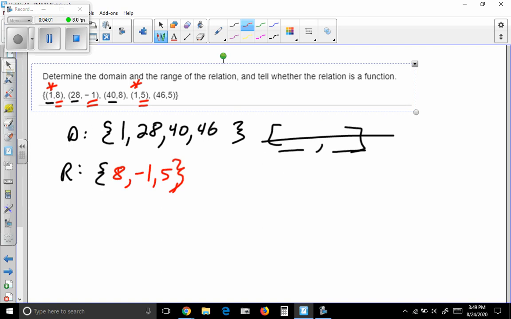A 1 goes to an 8. 1 also goes to a 5. So if an X value goes to two different Y's, it's not a function. It's still a relation, meaning that the two sets are related to each other, but not in the format we call a function. So anything in the domain going to two different items, not a function.